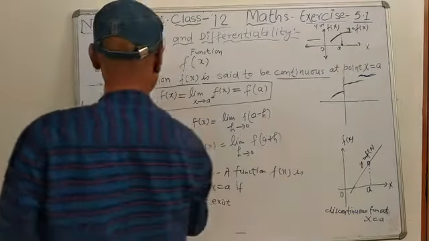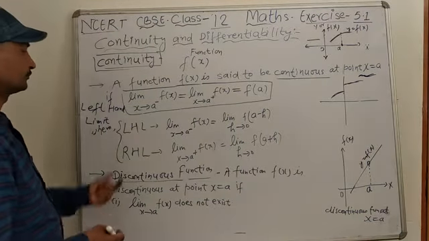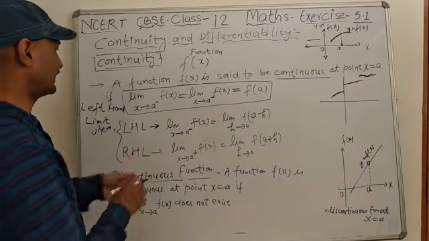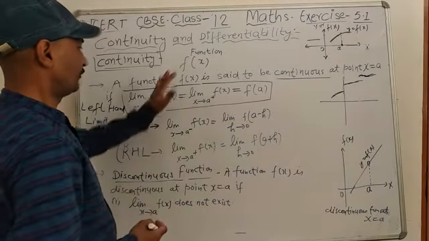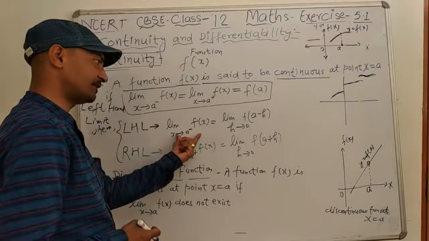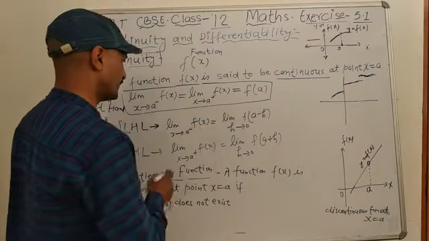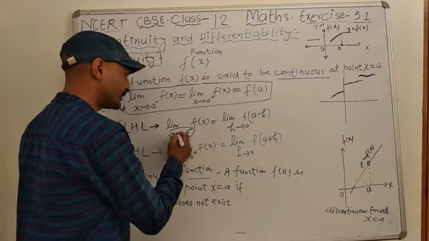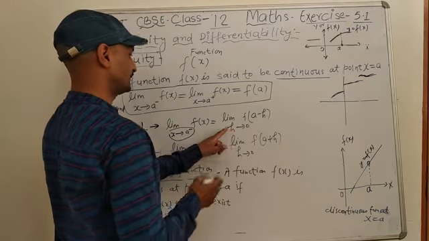So how do we find the left hand limit? It was in class 11, but now see here. LHL, left hand limit. The function is given, limit x tends to a negative of f(x). That means the left hand limit equals, x tends to a negative changes to h tends to 0.